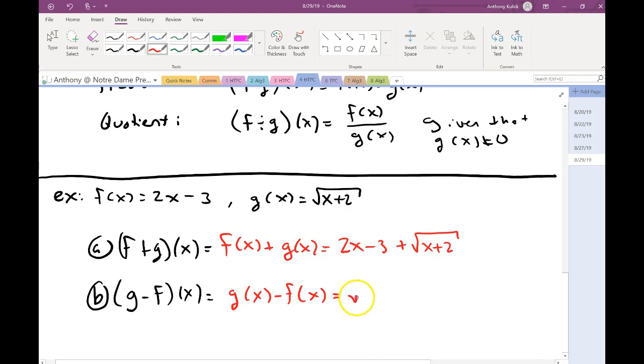So I'll make my substitution then, just like we did before. So g of x is the square root of x plus 2. I'll write my subtraction symbol. And then f of x is 2x minus 3. Is this correct? What's wrong with this?